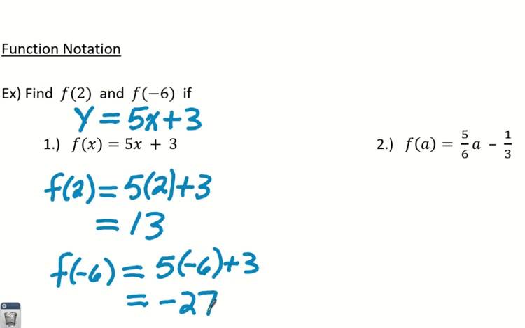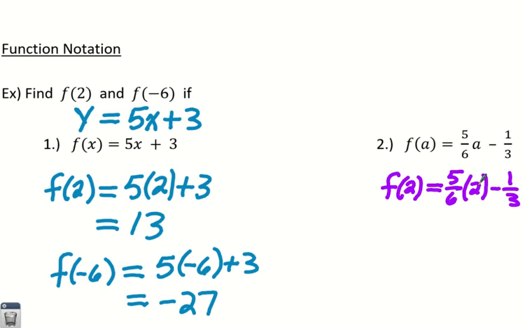And like here, f of a, this function is in terms of a. It's 5/6 times a minus 1/3. Oh no, fractions! So f of 2, instead of 5/6 times a, it'd be 5/6 times 2 minus 1/3.